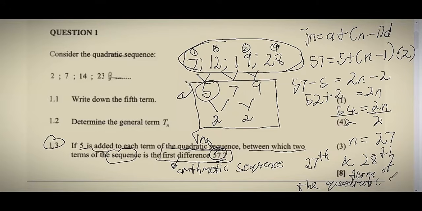So it's located between the 27th and the 28th term of the quadratic sequence, because it is found in position number 27. So meaning it's in between 27 and 28 of the quadratic. I hope that makes sense.